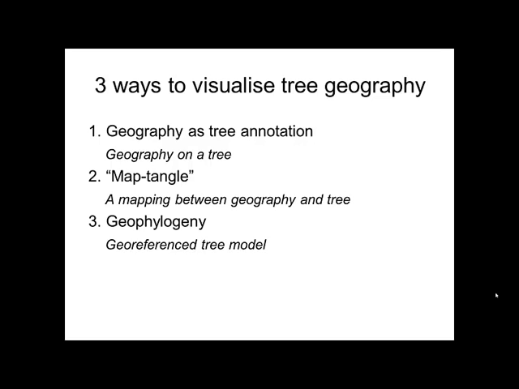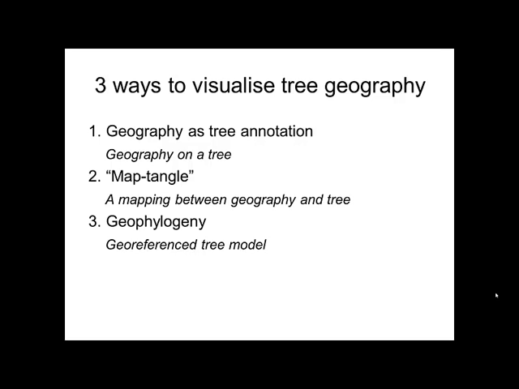The second thing we can do is take a tree and take the map and provide a mapping between the two. Okay, we can connect the two graphically. The third thing we can do is to take the tree and put the tree over the geography. And that's what I do.